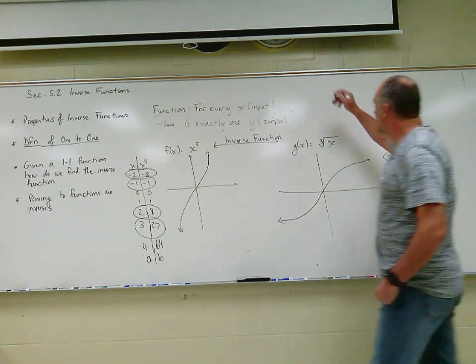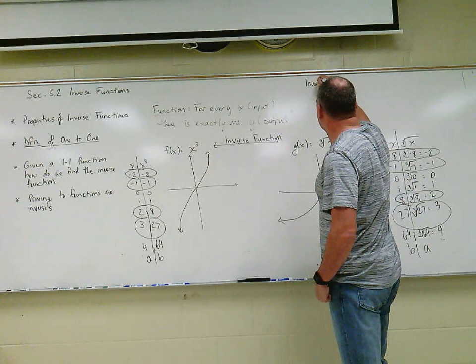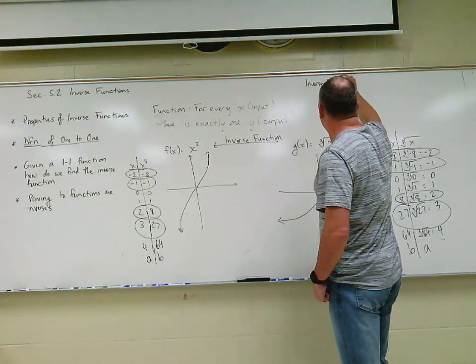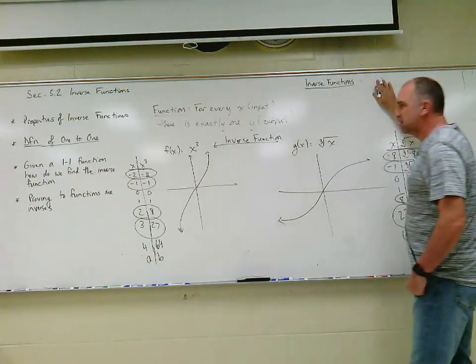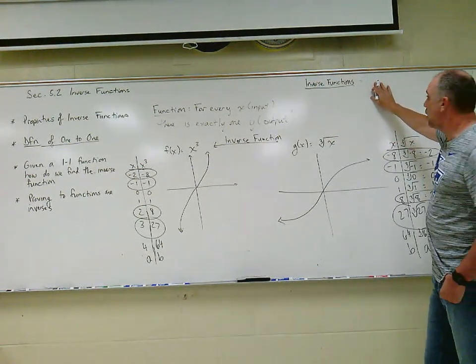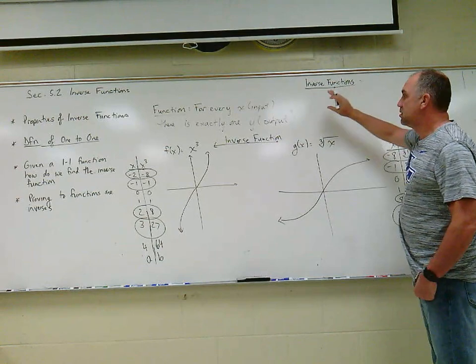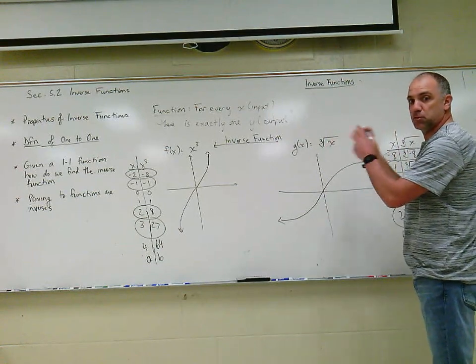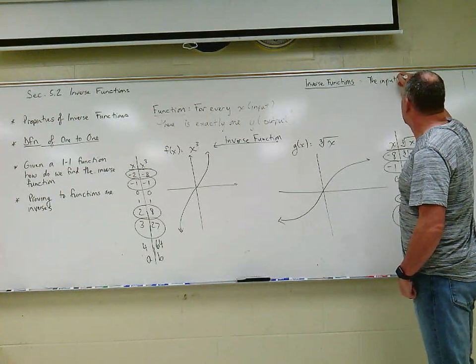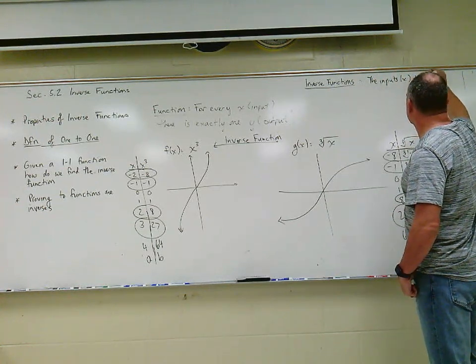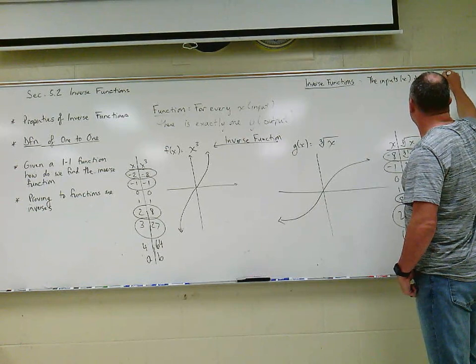So a key property of inverse functions, the easier way to say it, of course, is with x's and y's, but it's inputs and outputs. The inputs and outputs switch from one function to the inverse function. So the inputs, which are the x, and outputs, which are the y.